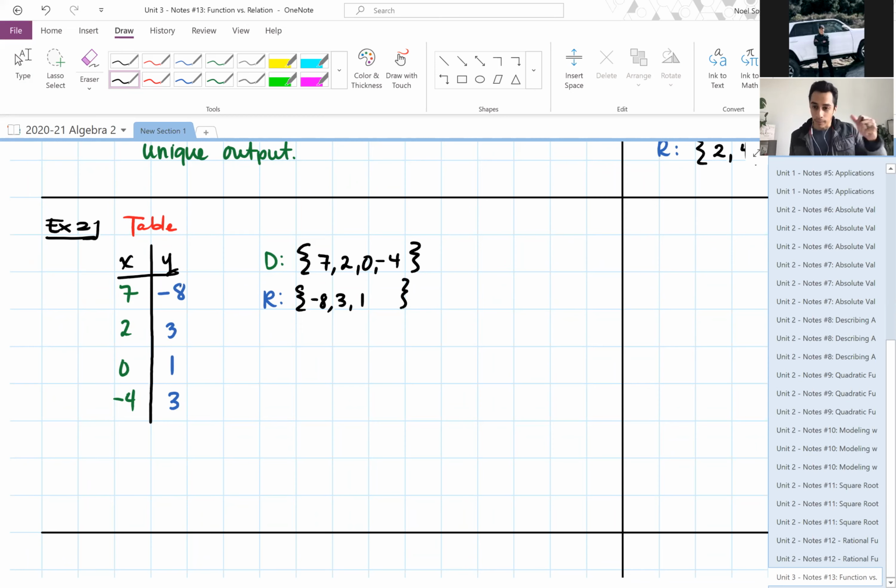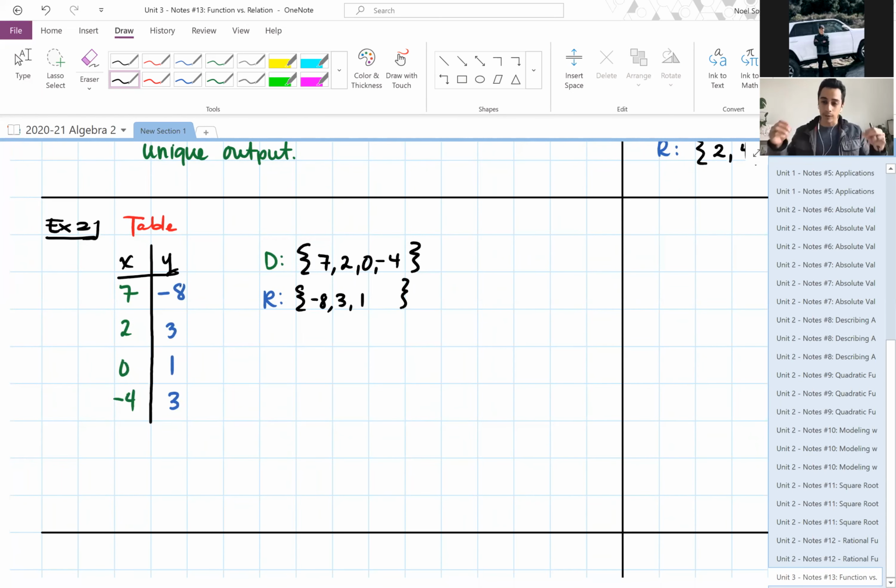Okay? So remember that. If you look at your X values and there's no repeats, no problem. It's a function, okay? Why is that? Well, 7 only goes to -8, and there's no other 7 anywhere else. So there's no way for 7 to duplicate and go to a different output, right?